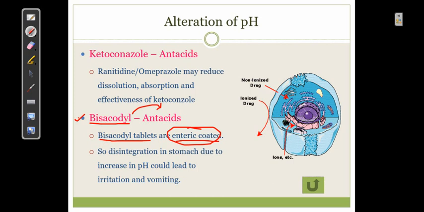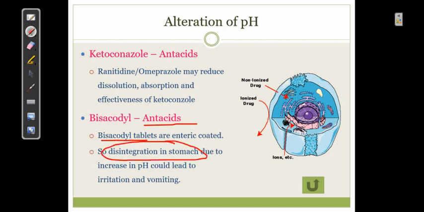Now consider a situation: normally they are not released in the stomach, they are released in the intestine. If you give with antacids, the stomach pH is altered. You have given omeprazole. In such a case the pH of the stomach is altered, and the tablet which was supposed to be released in the intestine will now disintegrate in the stomach. If the disintegration is in the stomach, it will definitely lead to irritation and vomiting, and then the patient will come to the physician asking what sort of tablet you have given.